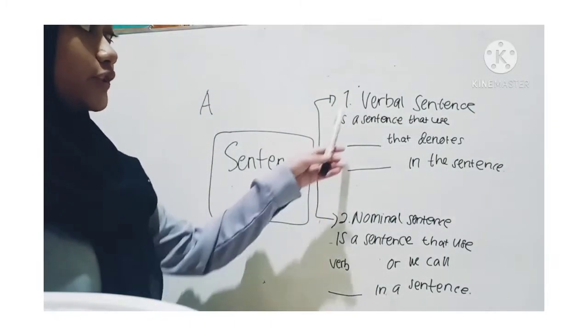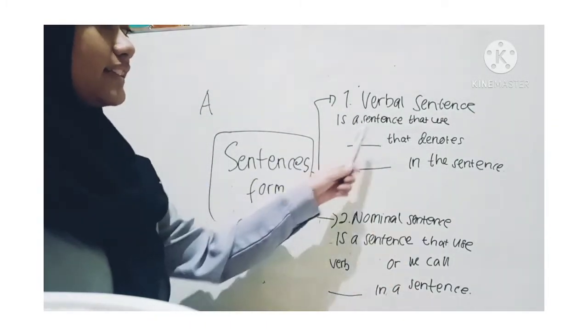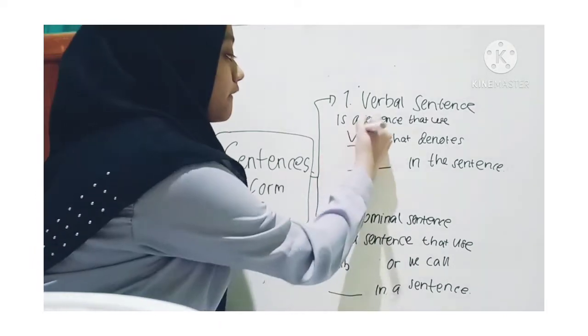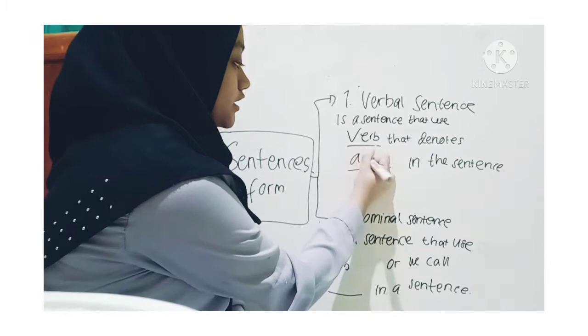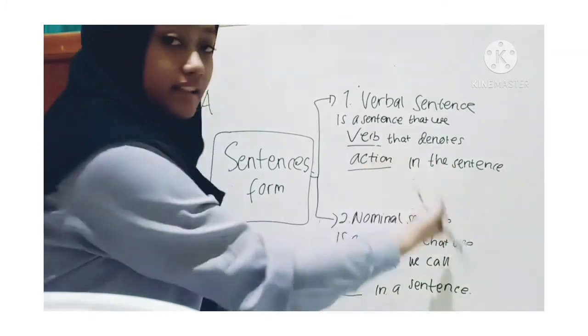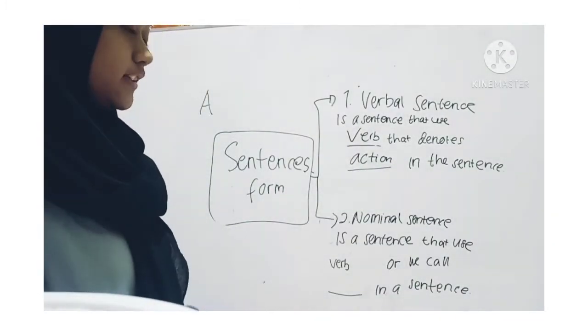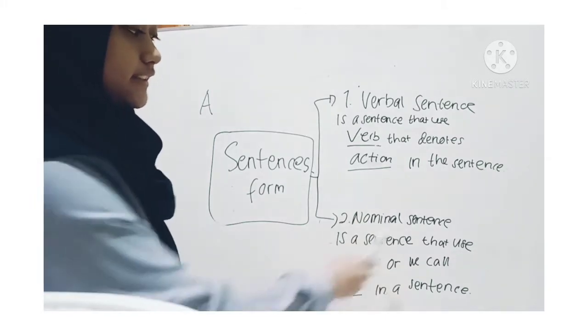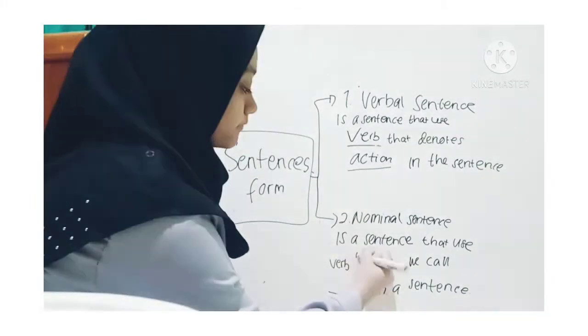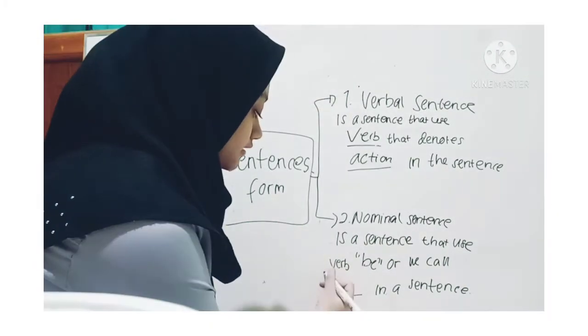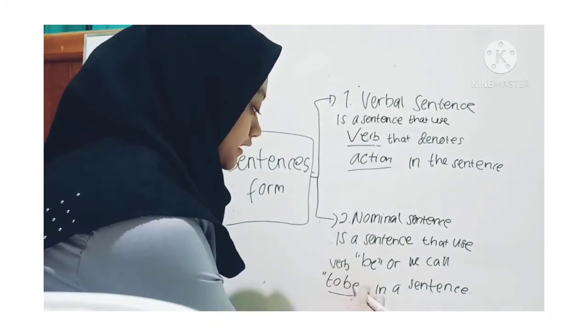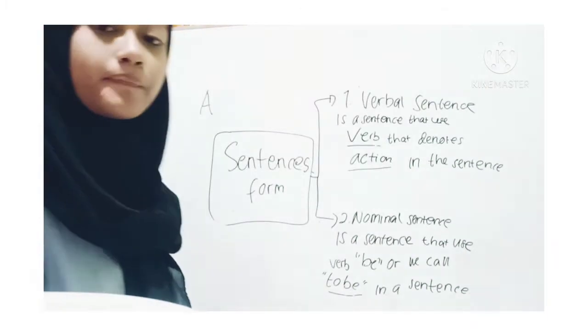Well, the first one, verbal sentences, are sentences that use a verb that denotes action in the sentence. The second one, nominal sentences, are sentences that use a verb be, or we call it to be, in the sentence.